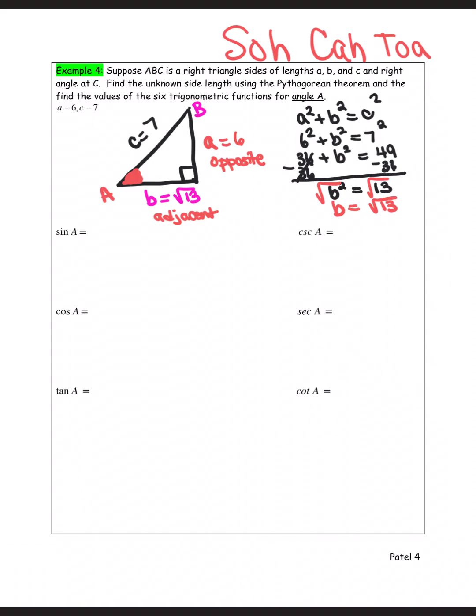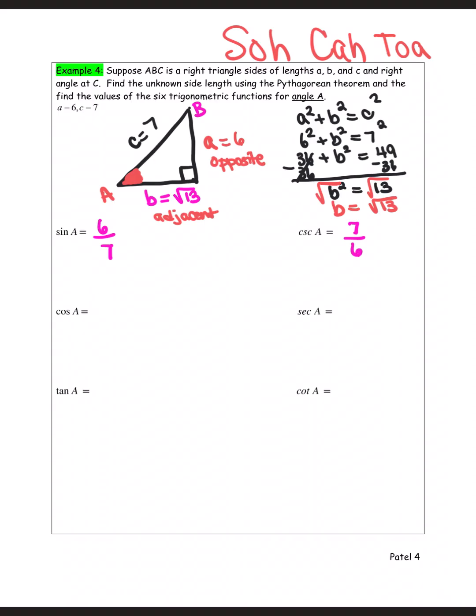So sine is opposite over hypotenuse. So it's opposite of angle A is 6. My hypotenuse is 7. So since sine of A is 6/7, cosecant of A is a reciprocal of it. So it's 7 over 6.